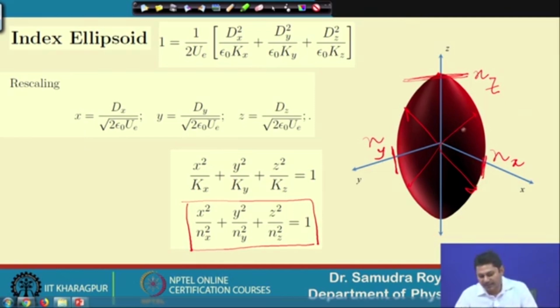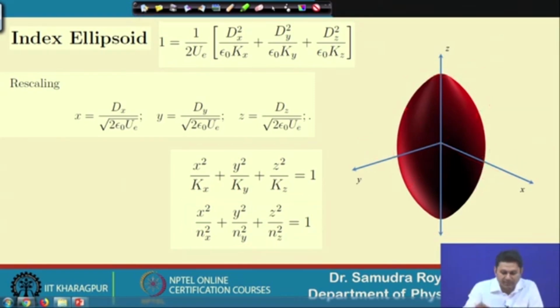For example, if my k direction is somewhere here, I will have this point over the ellipsoid, and I will have the value of n, which will be the refractive index along that direction. If my k is on the x axis, then it cuts at this point. So over the surface I have the point nx, and that will be my refractive index along this direction. So this is the concept of the index ellipsoid.